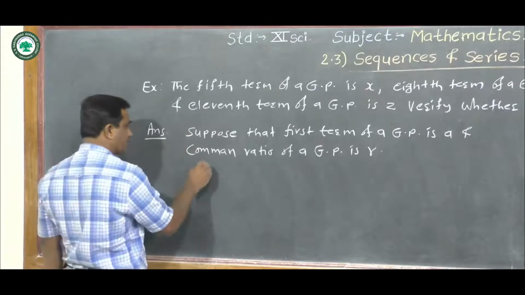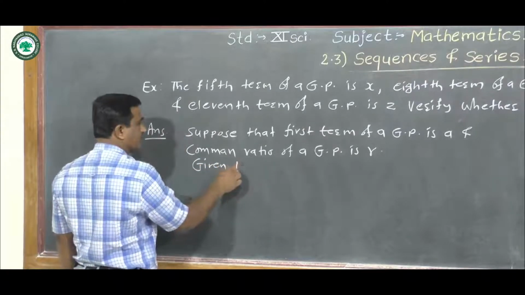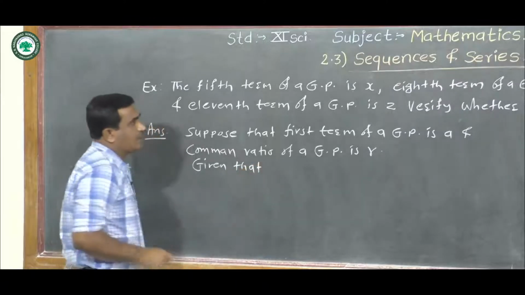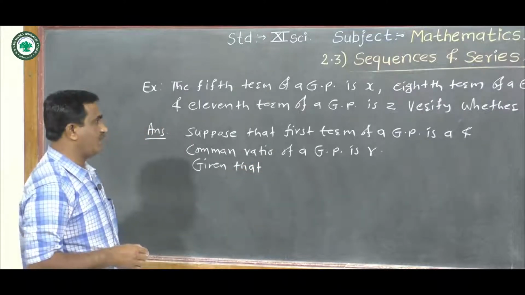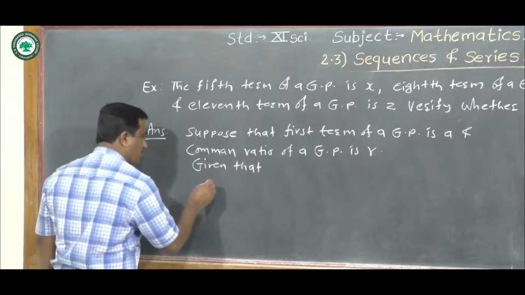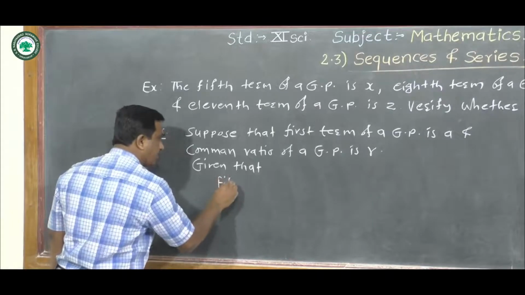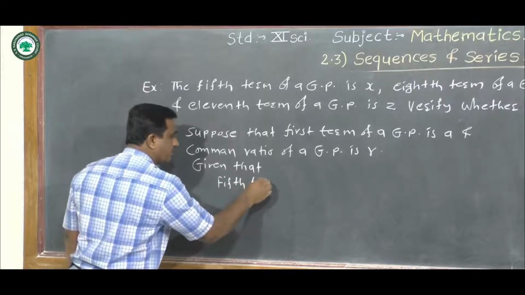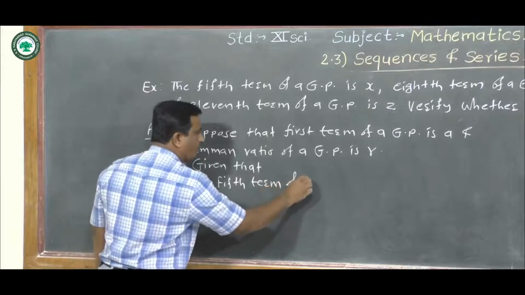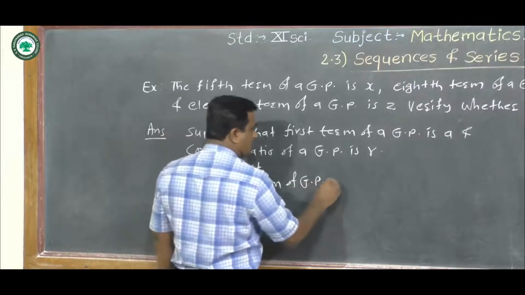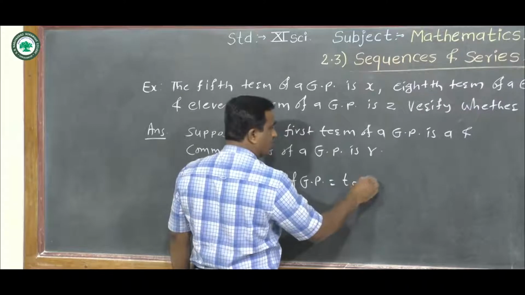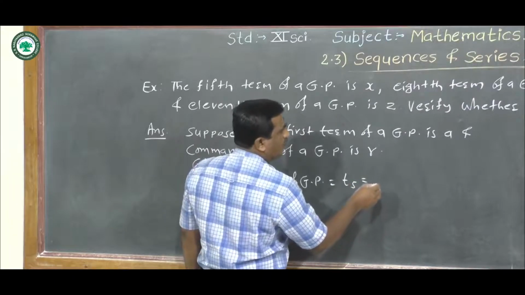Now consider the given terms. Given that the fifth term of the GP is T5 equal to x.